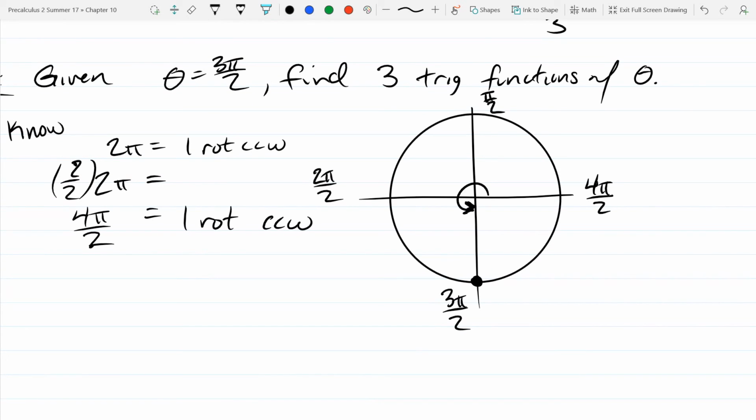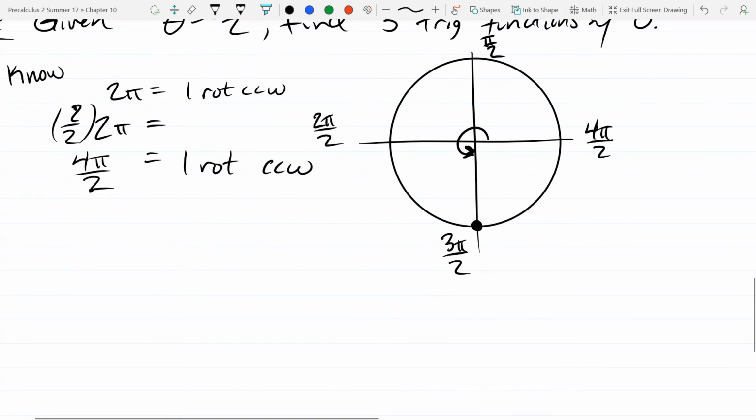And what are we doing here? Find the 3 trig functions of theta. So cosine is x, so what is our x coordinate here? Let's write down the xy coordinates. How much x do we have? We're not using any. And how much y do we have? -1.